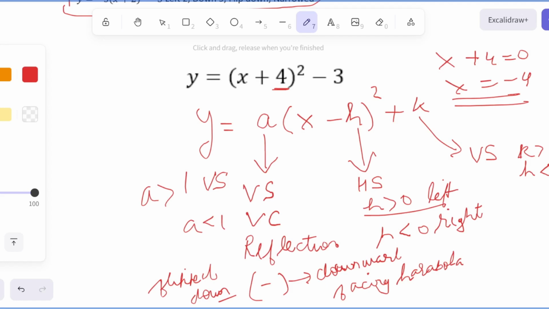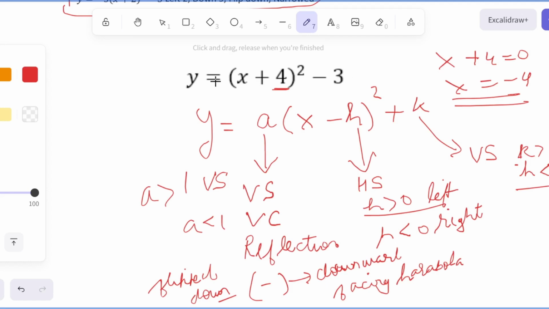Along the y-axis, is it upward or downward movement? The k value is -3. Whenever the k value is less than 0, it's downwards. So it's down by 3, isn't it?